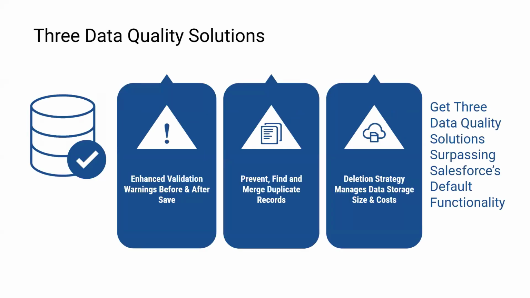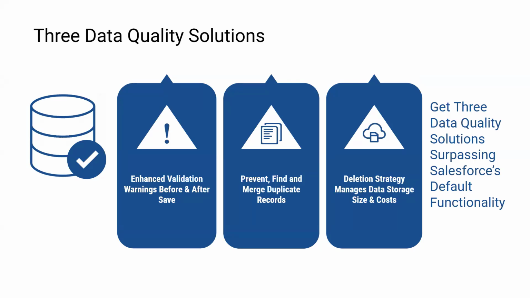Data Quality Helper has 3 significant features, which far exceed Salesforce's default functionality. It gives you more control and flexibility in these areas. Admins can create custom enhanced validation warnings and reminders for users entering or reviewing data, no more being bound by Salesforce's hard validation rules.